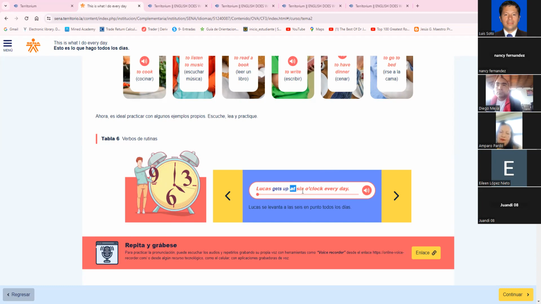Si usted va a decir una hora, antes de decir 6 o'clock, usted debe colocar la preposición at. Aquí significa, at significa a las. No significa alas, significa a las. Una de las cosas curiosas que me sucedía a mí era que me colocaban alas, 6 o'clock, y colocaban wings.